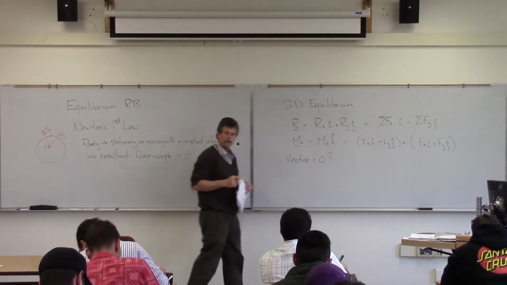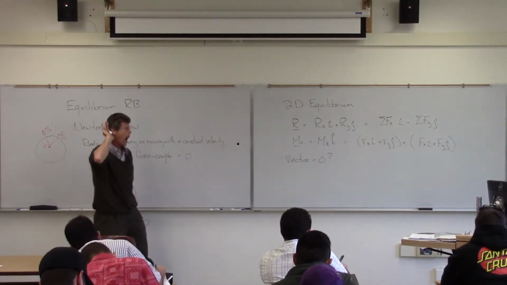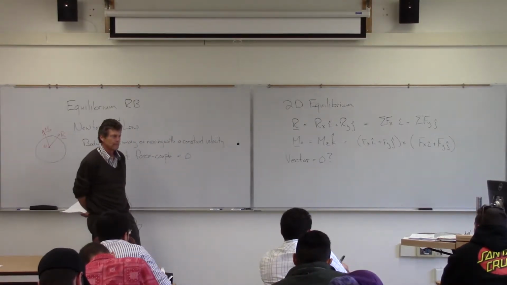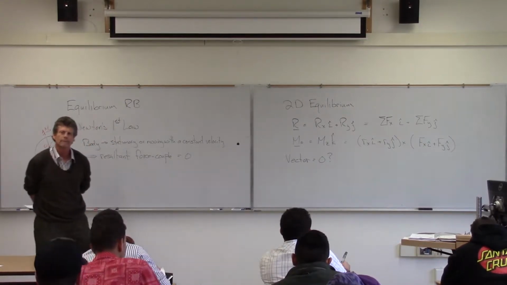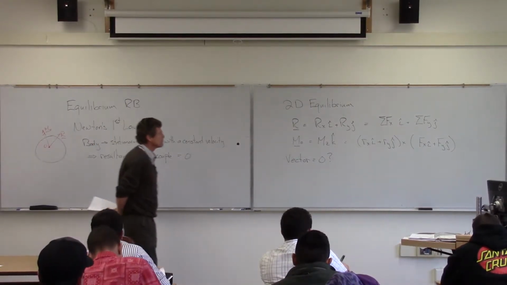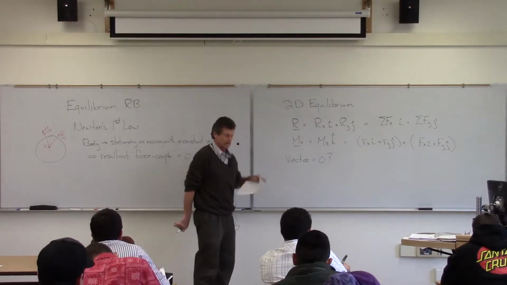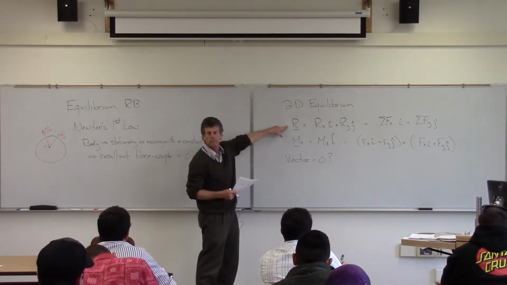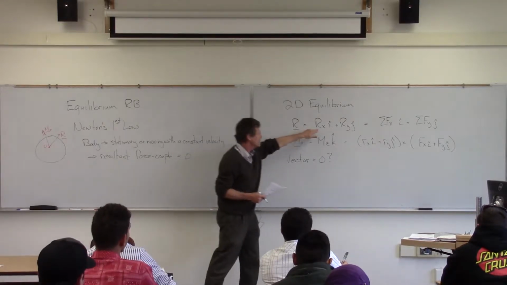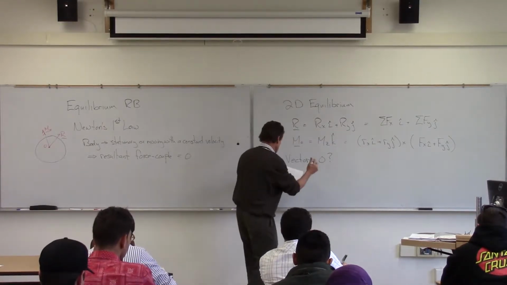And when is a vector equal to 0? Well, based upon our two vectors here, what would make this vector equal to 0? Each of those components will be equal to 0.